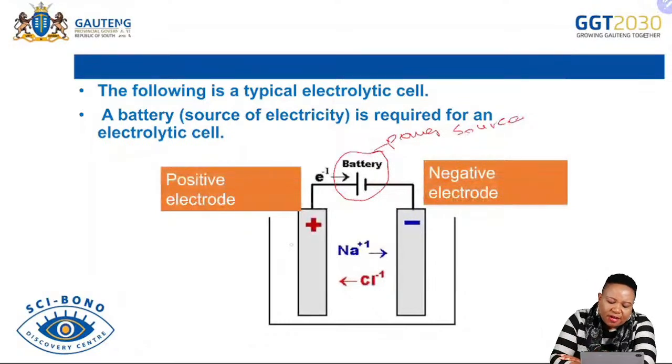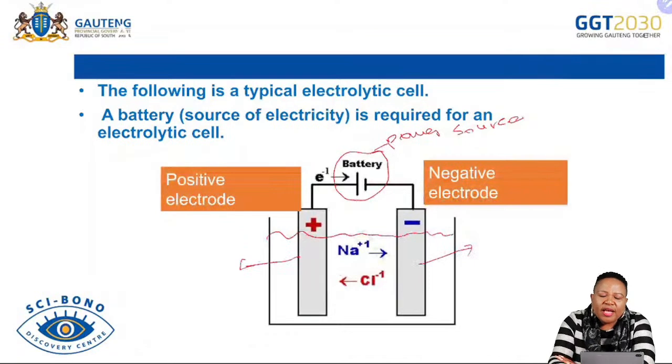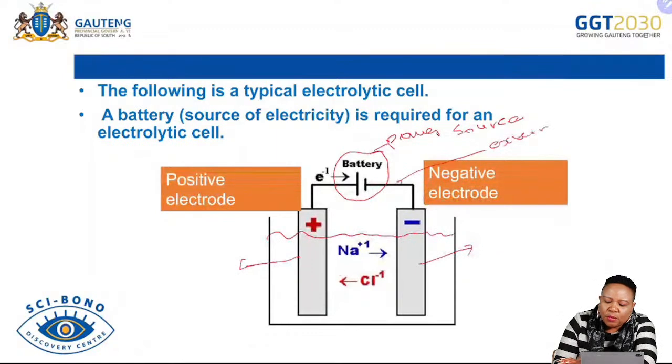You will also have your electrolyte, and you are going to put your electrodes inside your electrolyte. Now, as you can see, our external circuit is still formed by the electrodes and the wire, but remember now we are also including the battery.